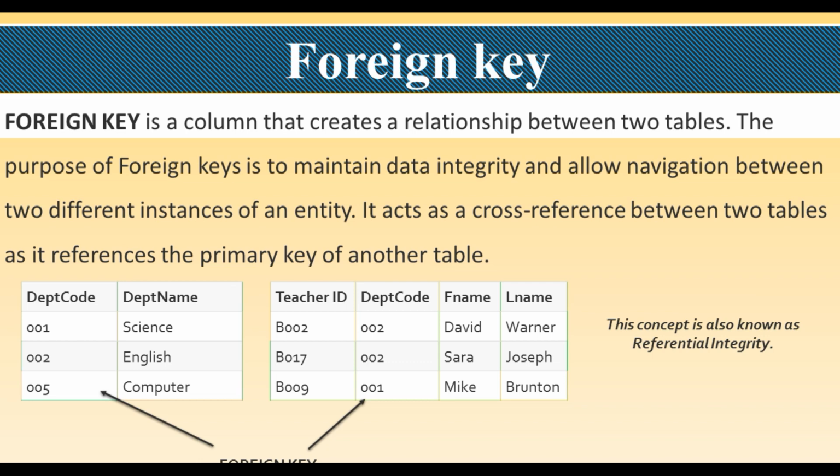Here is the foreign key. A foreign key is a column that creates a relationship between two tables. As I taught you in relational database management system, there can be two separate tables which are related with the help of one column that is common among them. That can be considered as a foreign key. Actually the keys help us to identify the data uniquely.